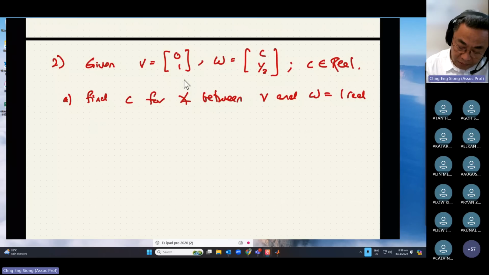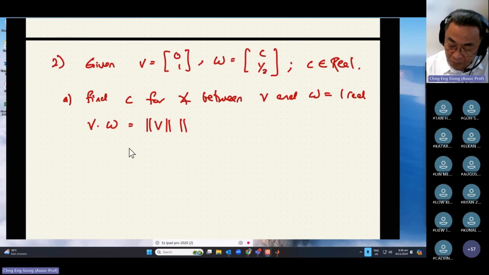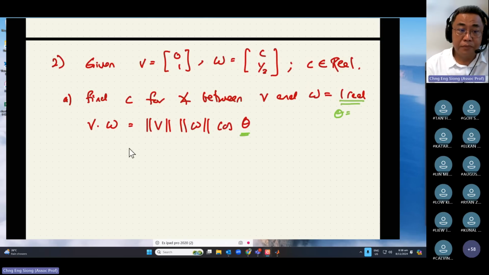So remember that we have V dot W, the dot product of V and W, is equal to the norm of V, the norm of W cosine theta. So we are asked to find C such that theta is equal to 1 radian.